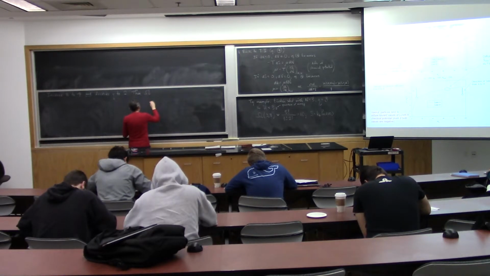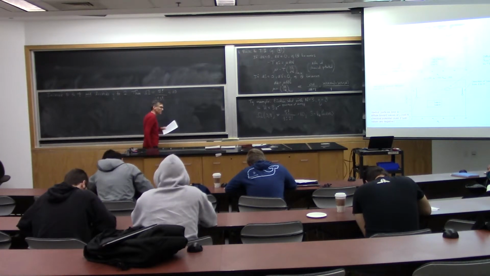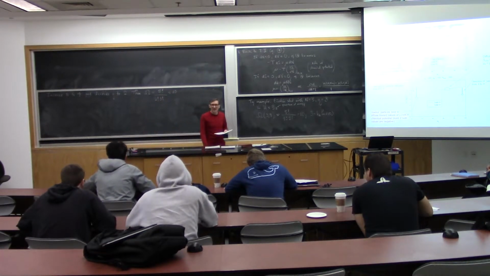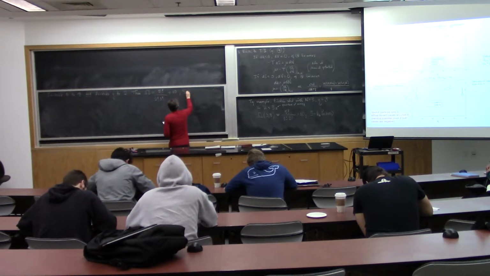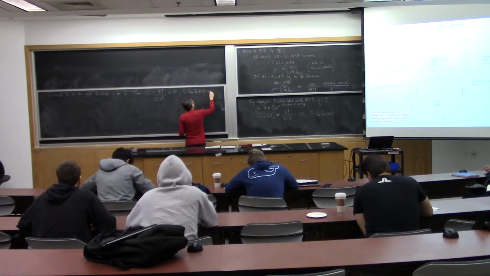Then the multiplicity is 5 factorial over 2 factorial, 4 factorial, 3 factorial, which is still 10. And so the entropy is k_B log 10, and that's unchanged.